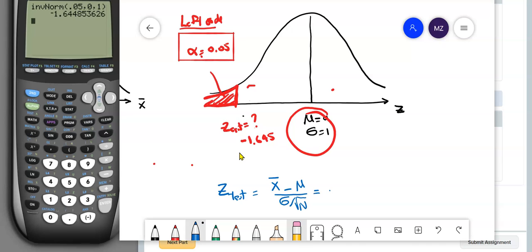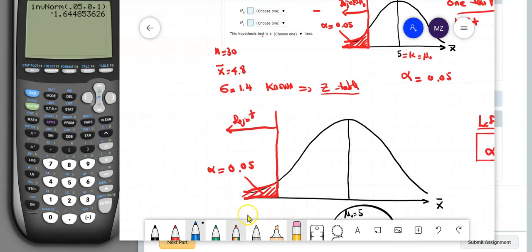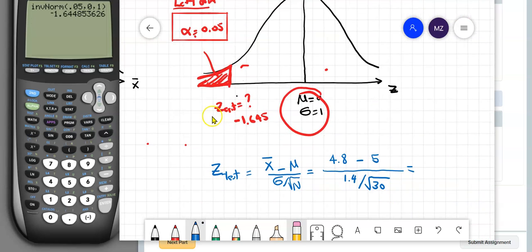If you plug it in, this is going to be 4.8 minus 5, and sigma is 1.4 divided by radical 30. Everything is coming from the information that they gave you here: n equals 30, x bar 4.8, sigma 1.4, and you just have to plug it in and calculate it.